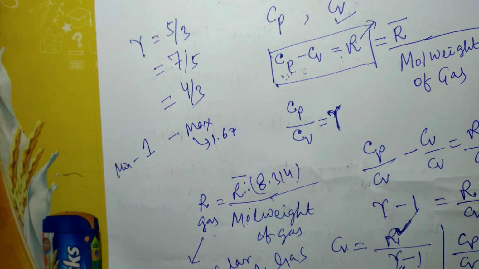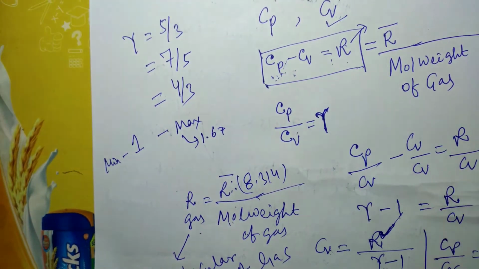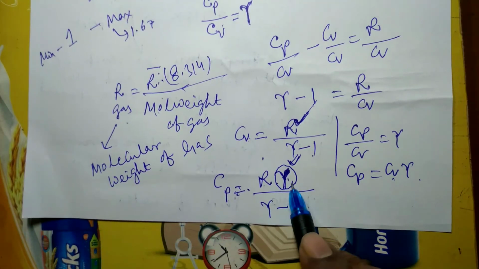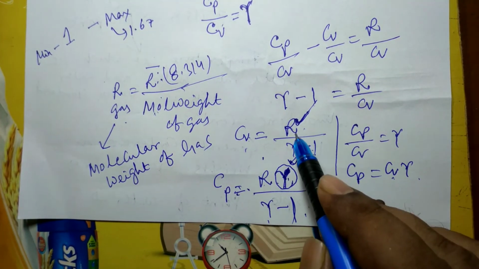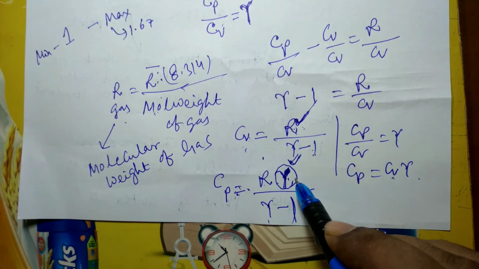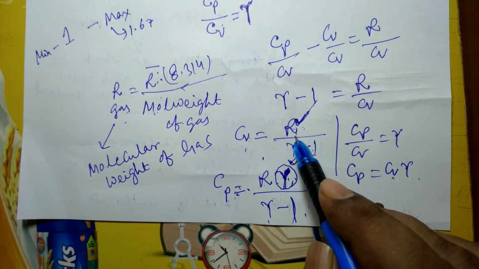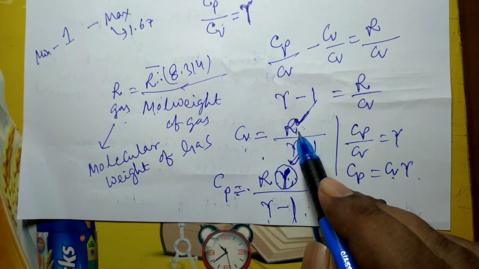इसका मतलब तो स्पेसिफिक हीट ऑफ एन आइडियल गैस, and we have found that Cp is gamma R divided by gamma minus 1, Cv is R divided by gamma minus 1, where R is the characteristic gas constant and gamma is the ratio of specific heats of that particular ideal gas, and R is also constant for an ideal gas.